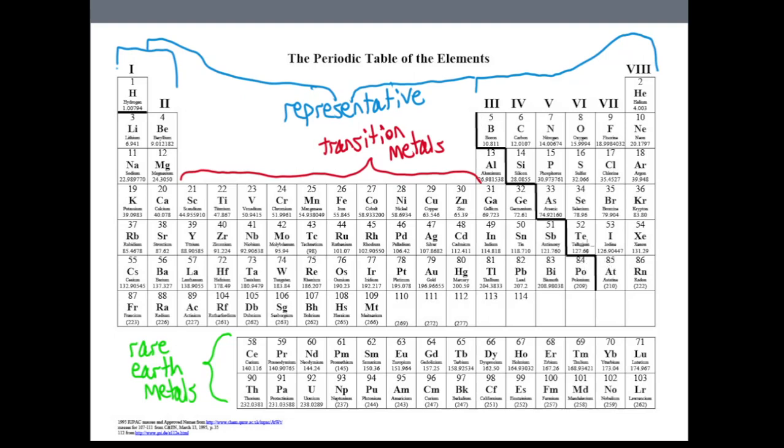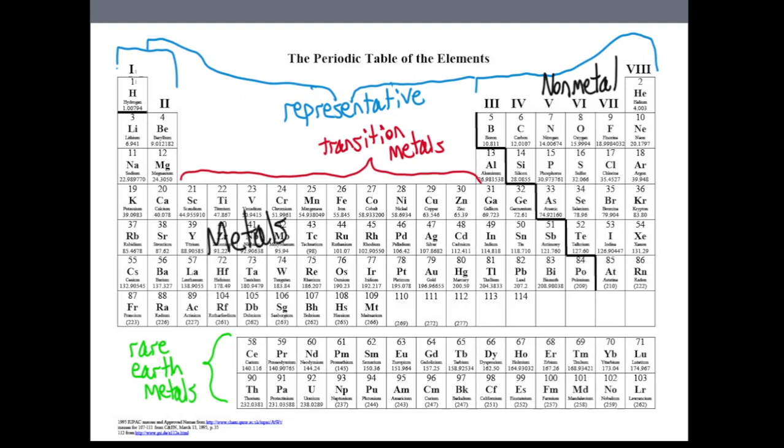Okay, so anything that is above this line and to the right is going to be referred to as a non-metal, and anything that is below and to the left, these are going to be called metals.